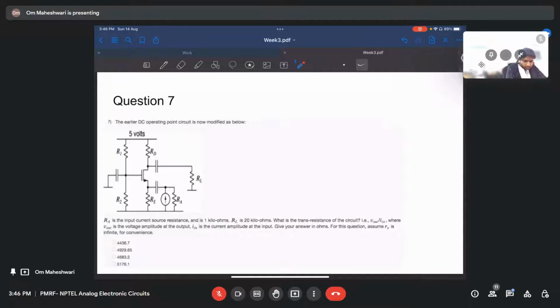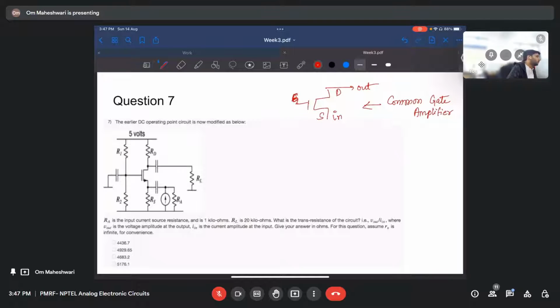Now this question. What do we have to find? The input current source resistance. Input is now given at source and output is taken at drain. So what kind of amplifier is this? Input is at source and output is at drain. It is common gate, right?